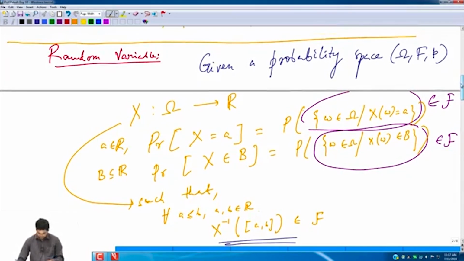So we define probability of X equal to a as the P of the event, the set of all omega that are mapped to this real number a, and the probability of that event we are calling probability of X equal to a.